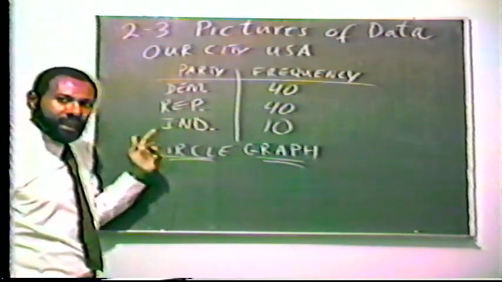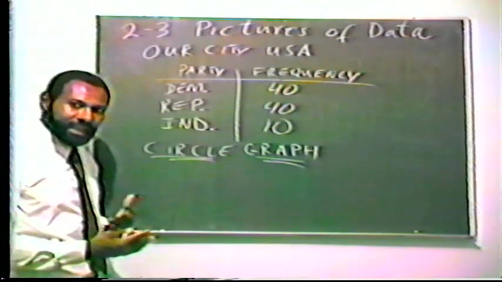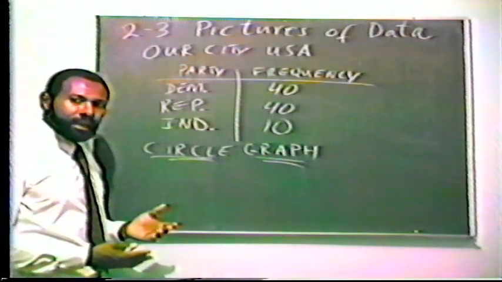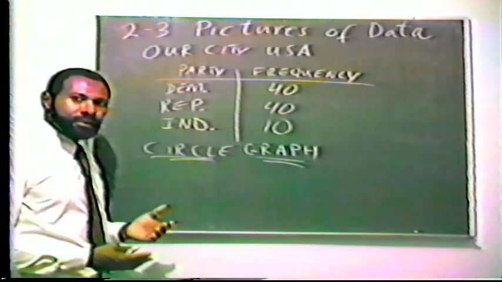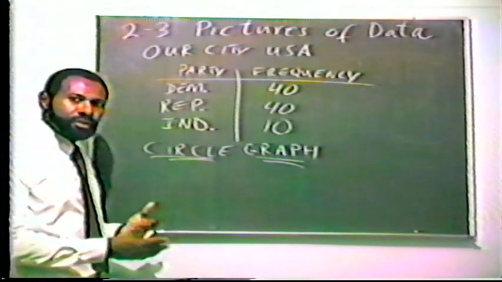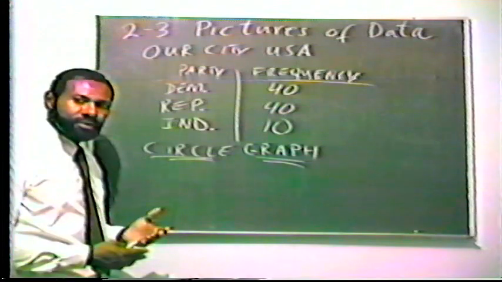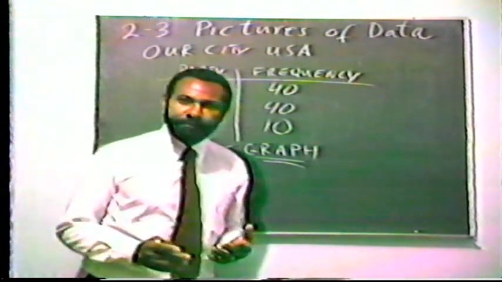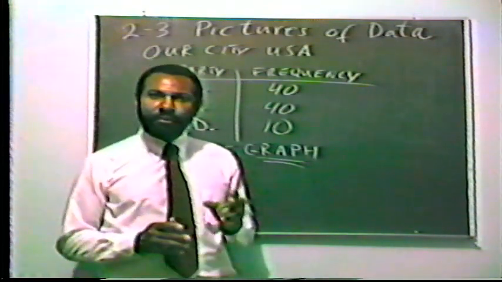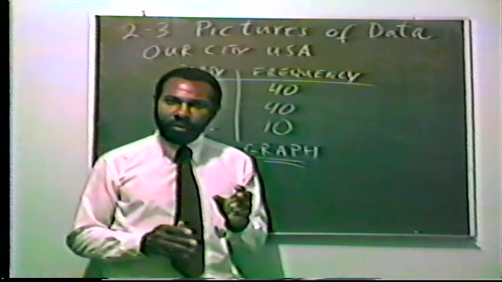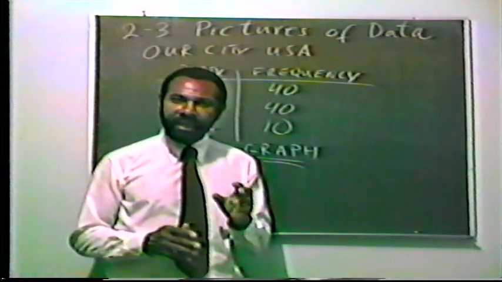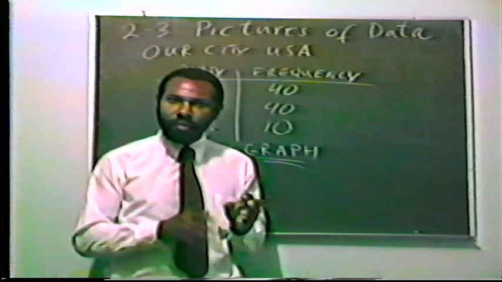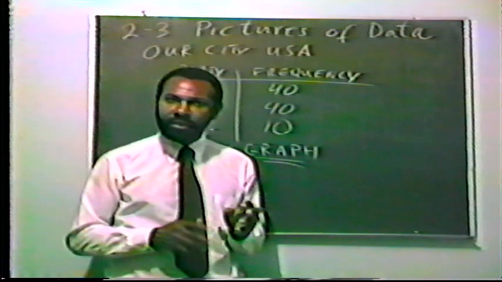If you're dealing with classes, you would determine the relative frequency of each class. If you're dealing with numbers or scores, you would determine the relative frequency of each score.